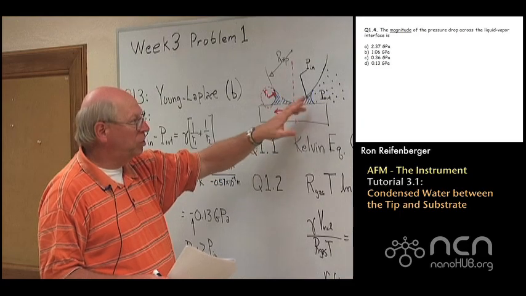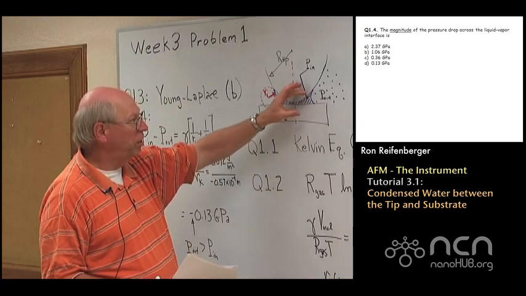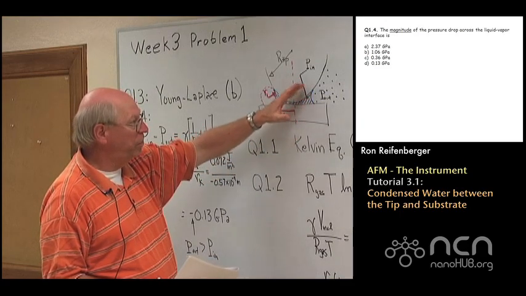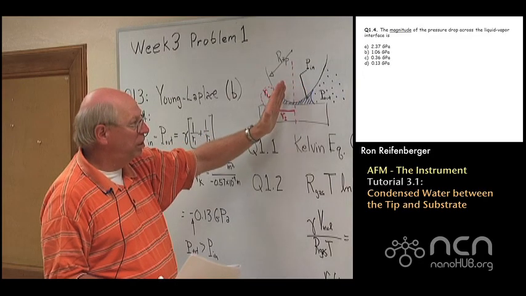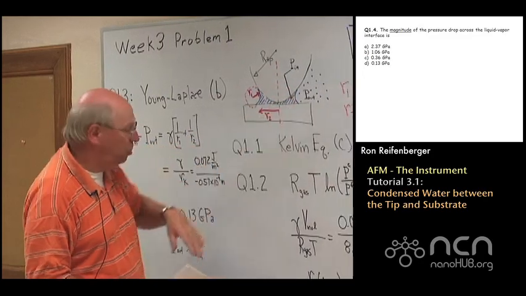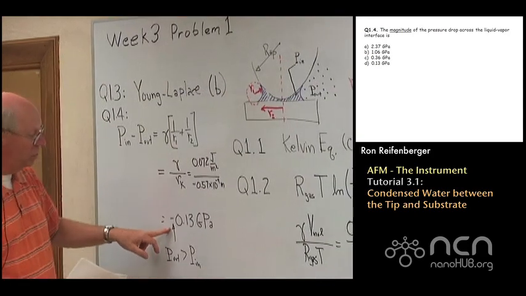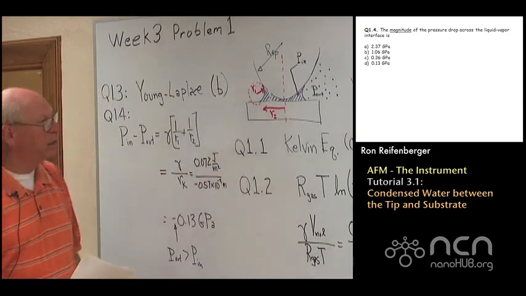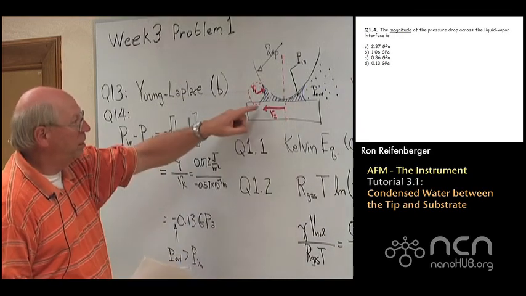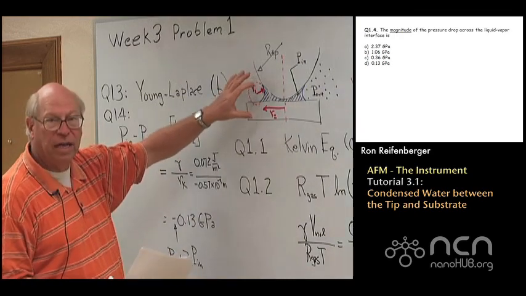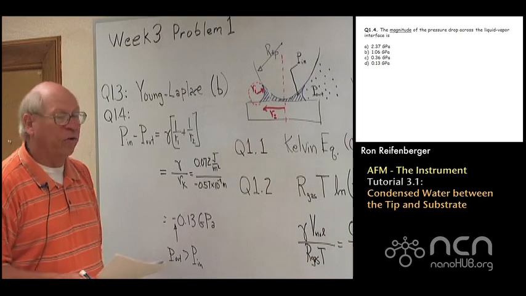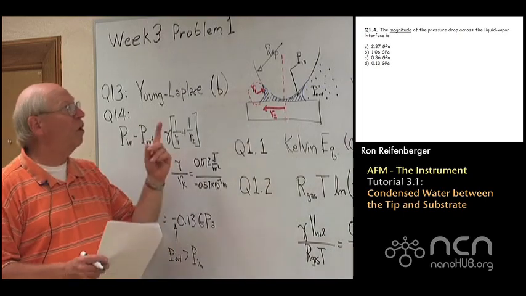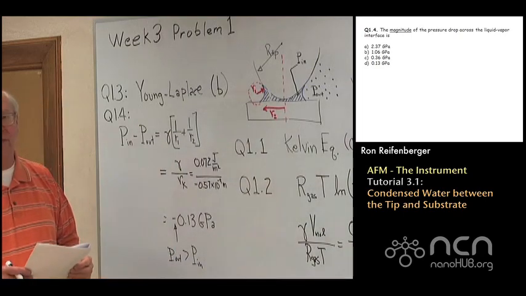And then depending on which pressure is greater, the surface of the interface will either be pushed in or pushed out. So the way I interpret this negative sign is that the pressure outside is greater than the pressure inside. And of course, that's what we anticipated when we drew this diagram to begin with. So that's how I think you solve the questions asked in problem 1.